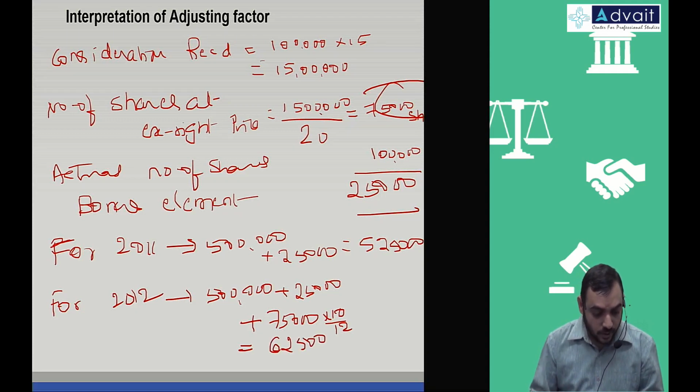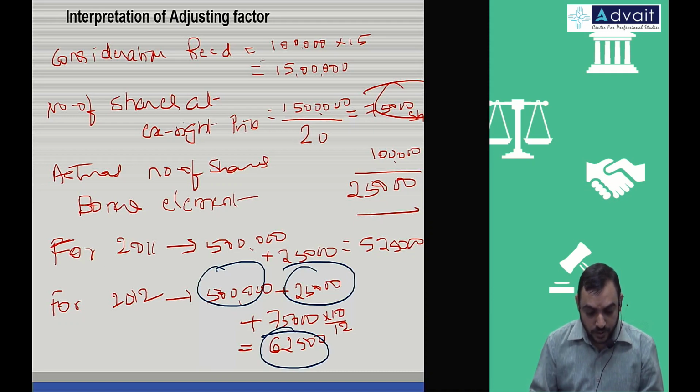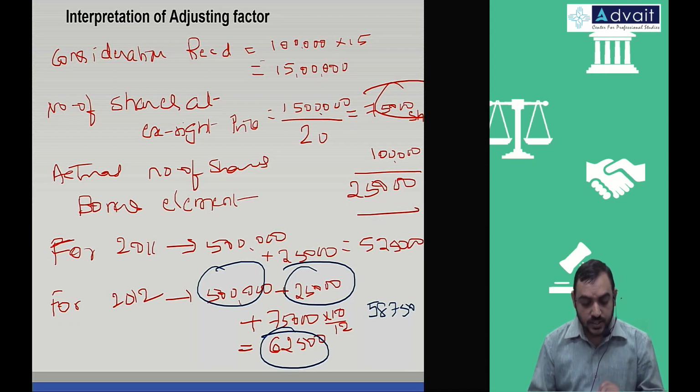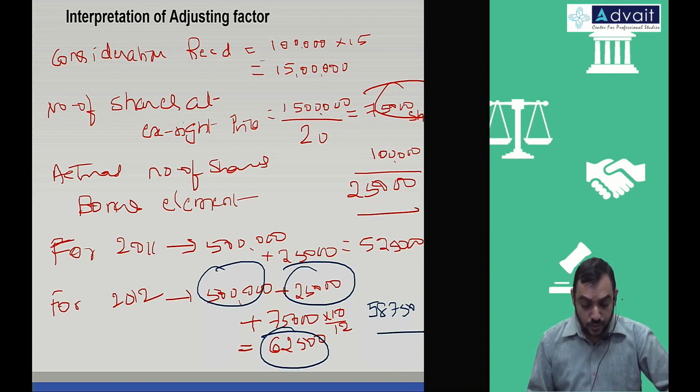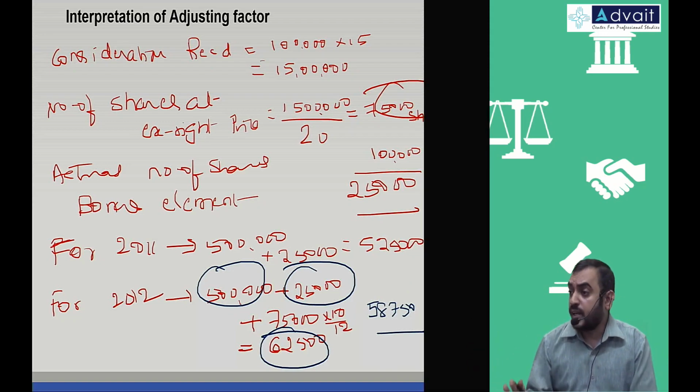So if I add all, 5 lakh 25,000 plus 62,500, you get totally 5 lakh 87,500. And this was the number that we also took when we did 5 lakh into 1.05 plus that 2 by 12 and 10 by 12.